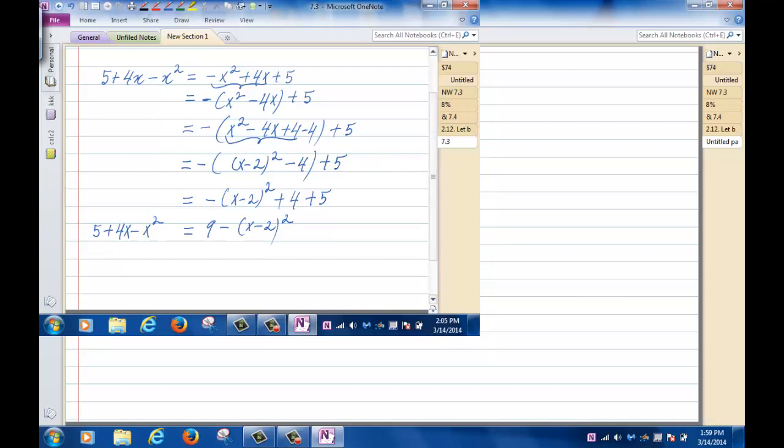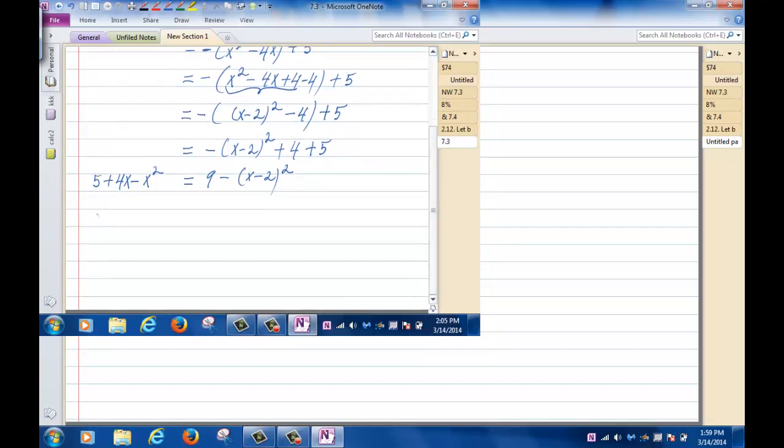So my integral now looks like the following, right? My integrand was this, so I can replace that with 9 minus x minus 2 squared, and we also had a square root in the integrand, and dx.